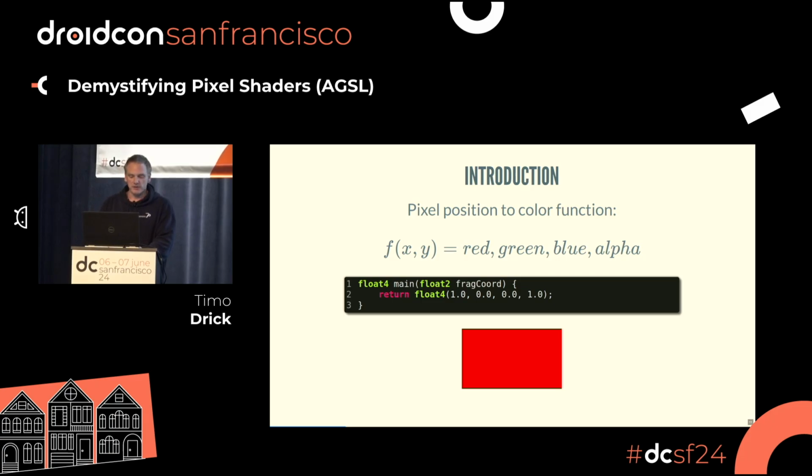The language, as I said, is not Kotlin, it's more like C, but it's a completely independent language. It's more or less like AGSL.